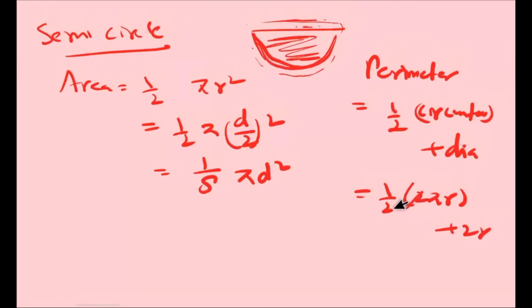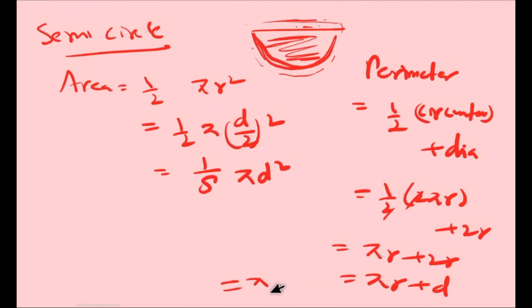The 2 is cancelled, so we can write pi r plus 2r, or pi r plus d, or also we can write d by 2, so pi d by 2 plus d. Anyway, you can learn it as half into circumference plus diameter. The diameter is 2r, and half into 2 pi r, where 2 pi r is the circumference of the full circle.